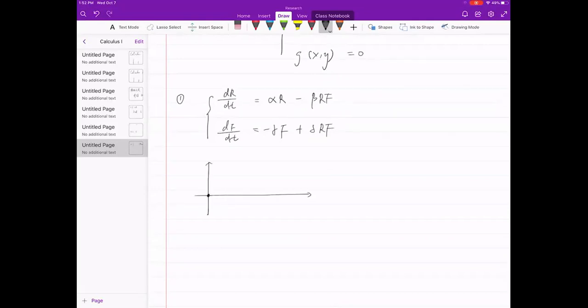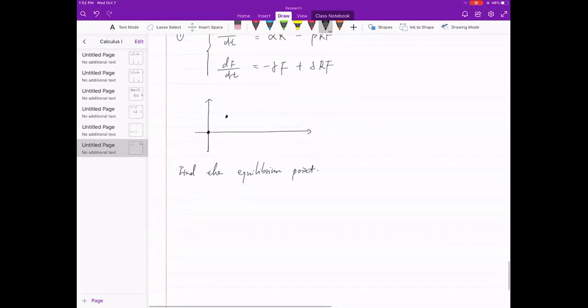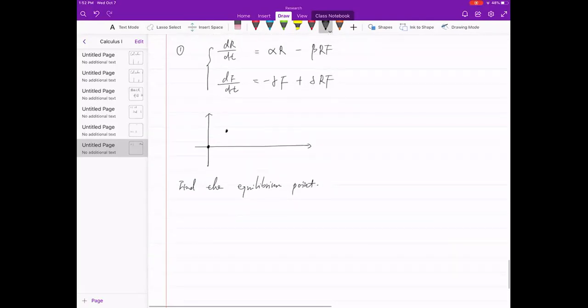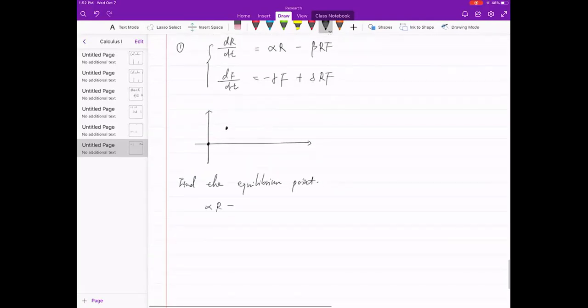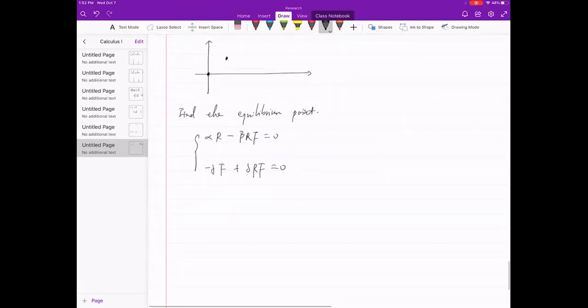Here's the equilibrium point. Here's the equilibrium point. To find the equilibrium point, we just need to set both equations to be 0.